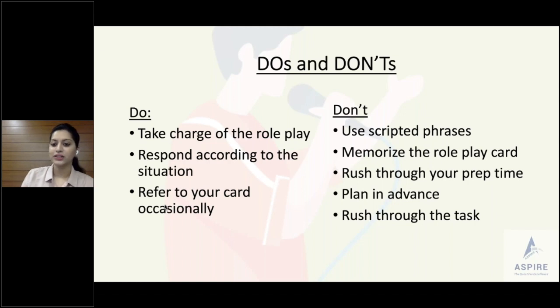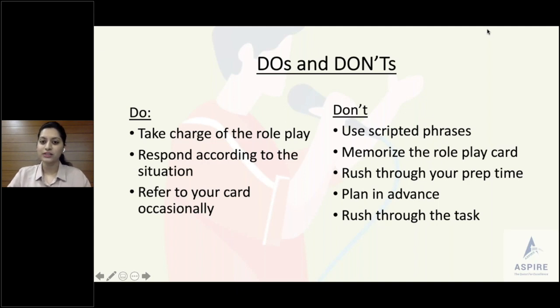Please do not use scripted phrases. It is quite natural sometimes, when we don't know how to address a case or a scenario, to go through examples and try to imitate them.